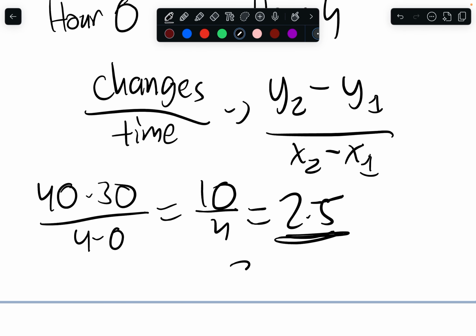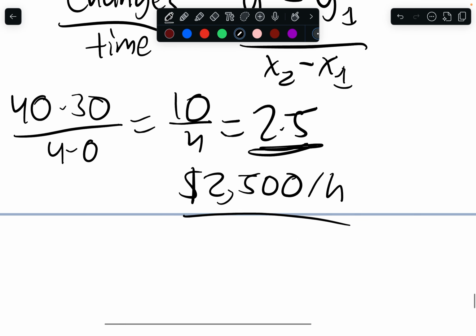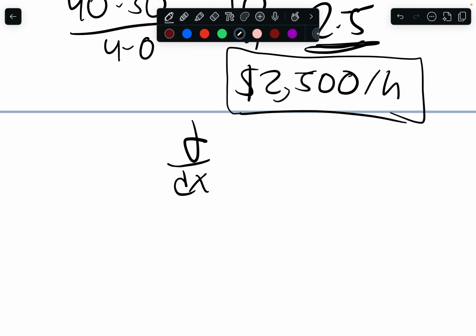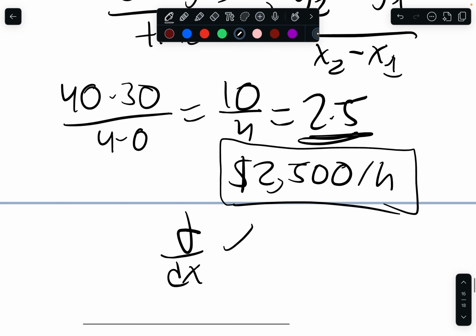This means I make $2,500 per hour. This is my rate. This just means I gain $2,500 on average every hour I play the game. This in itself is already calculus. Derivatives in calculus just express rates of change.